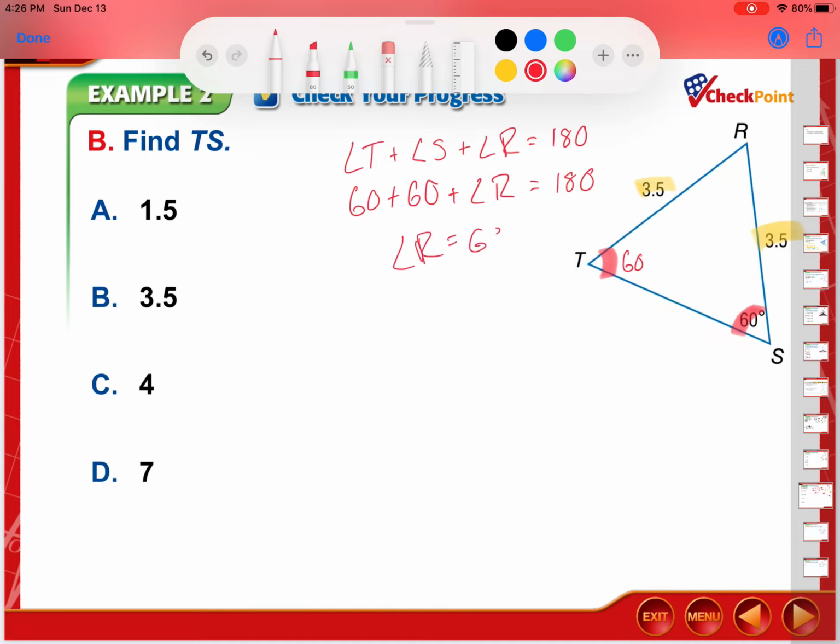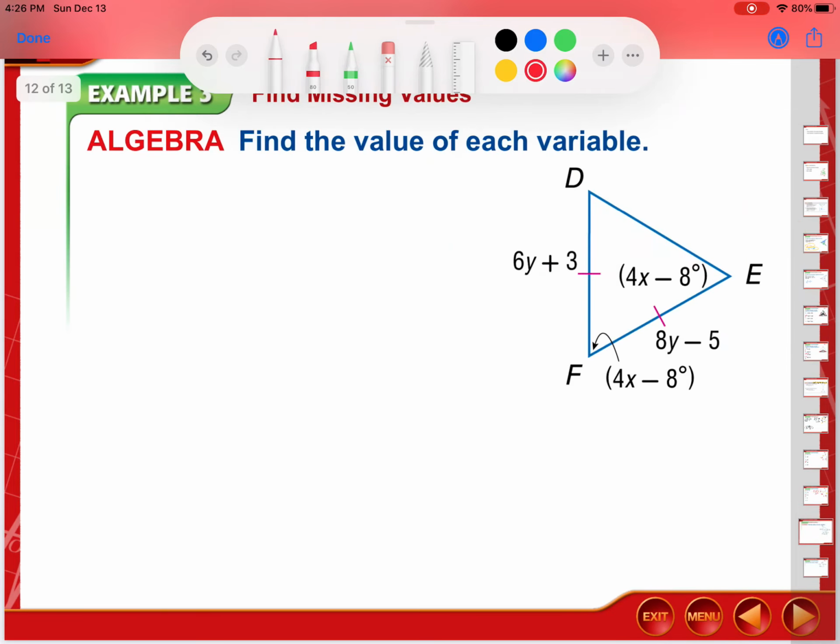We say 60 plus 60 plus angle R equals 180. Then we solve that out and we find out that angle R equals 60, which means we have an equilateral triangle, which means all the sides are the same, which of course means side TS is 3.5.